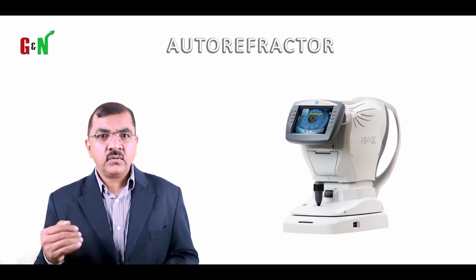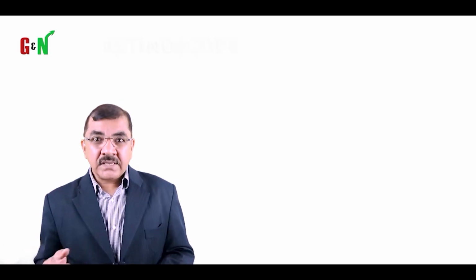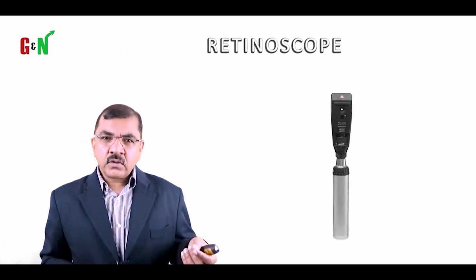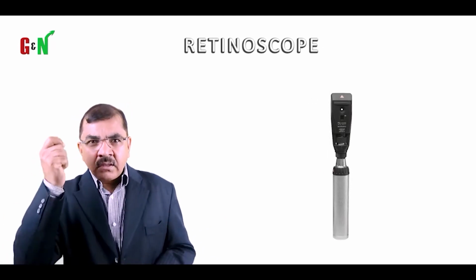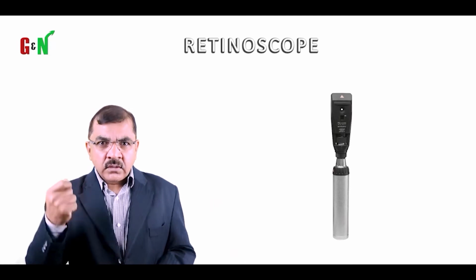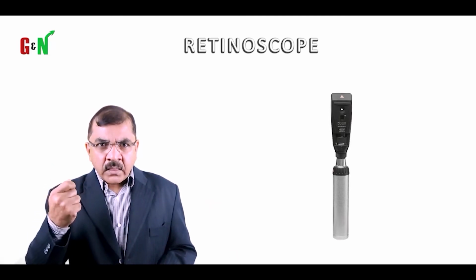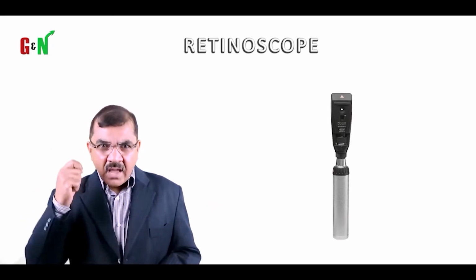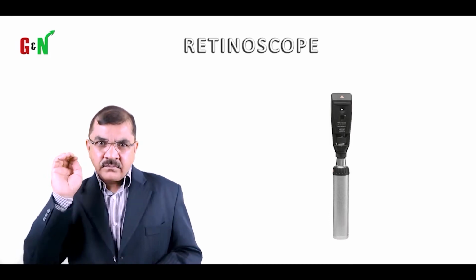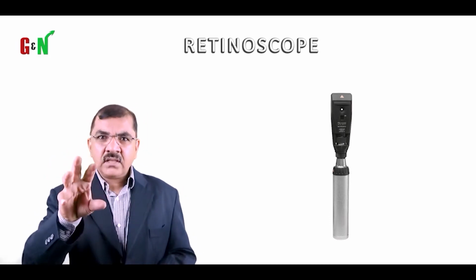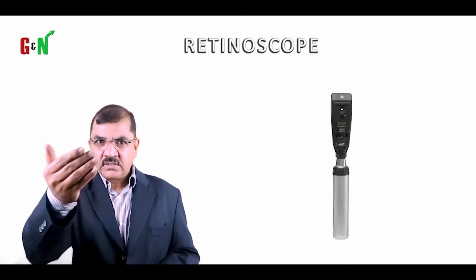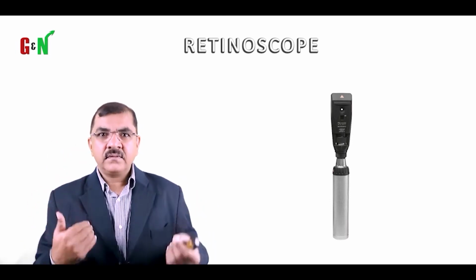This is the autorefractor. And then you will also see a retinoscope. If it is not an autorefractor, then it is an objective refraction. You will use the retinoscope to check the eyes by shining some light inside the cornea, inside the lens, which gets reflected.